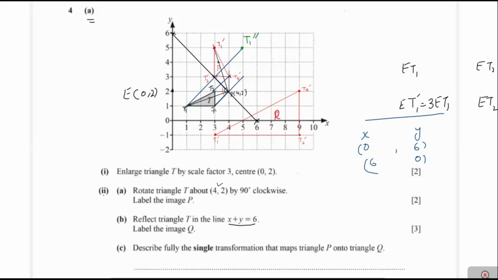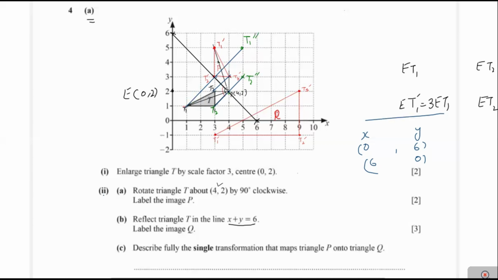Next is T2 double dash. Here we take the equidistance on the opposite side. You see here the distance of T2 from this line, on the opposite side, this point will be T2 double dash. And same here is T3. We take the point T3 equidistance from this line on the opposite side.